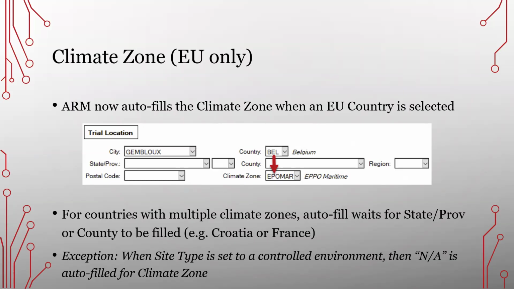So ARM won't autofill based on location. In fact, it'll autofill NA instead to say, hey, I know this site type, I know this study is already controlling the environment, we don't care about the climate zone. We'll make sure to put NA so that database systems or summaries later on won't accidentally pull in this trial with a group that's similarly located, knowing that they're fundamentally different, right?